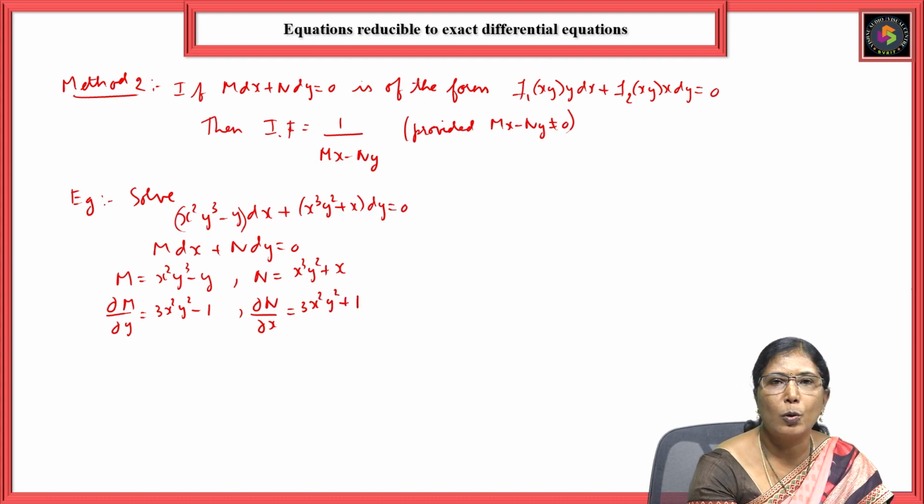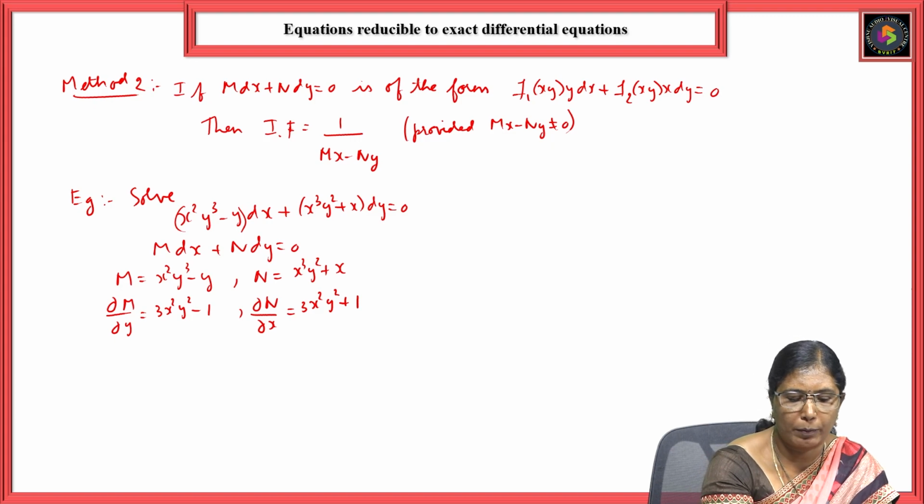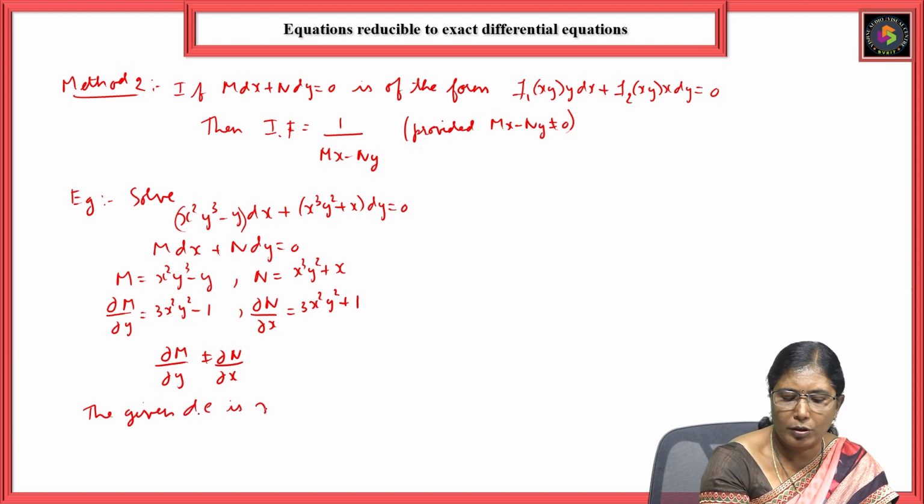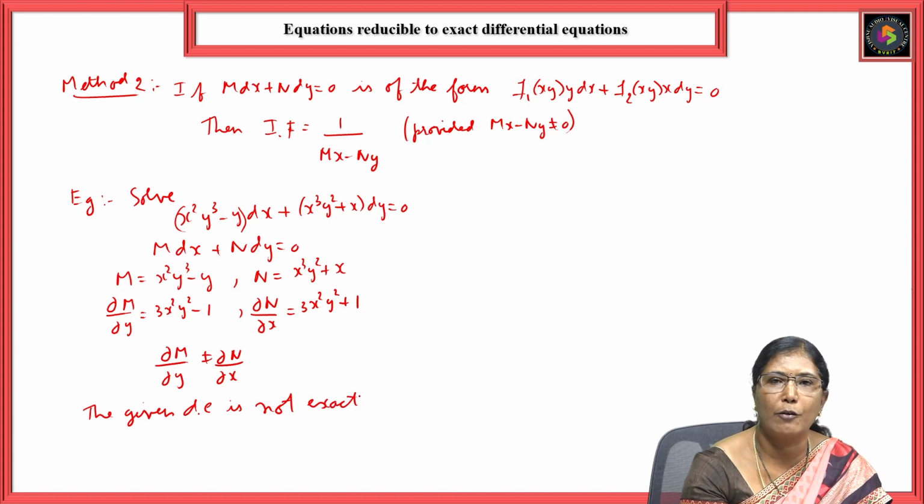So now dou M by dou y is not equal to dou N by dou x. So the given differential equation is not exact. If it's not exact, we have to make it exact by multiplying by an integrating factor. So now check it here.